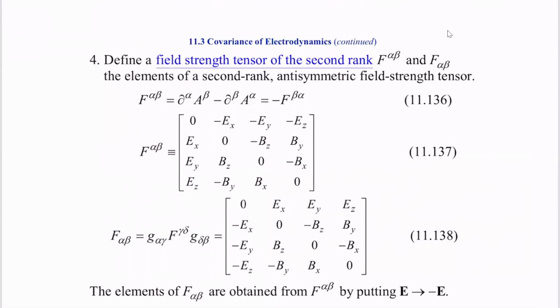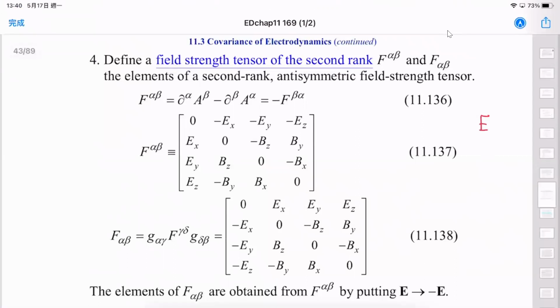E field, we have three components: EX, EY, EZ. Yeah, we have three components.